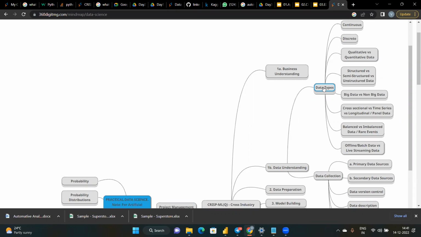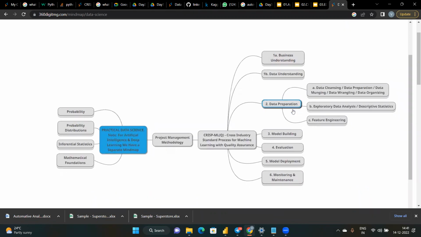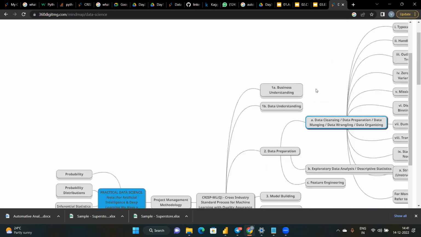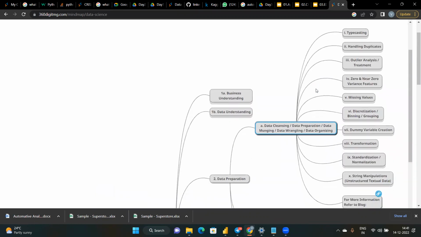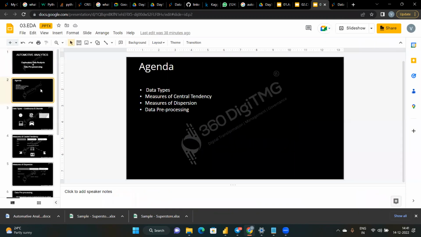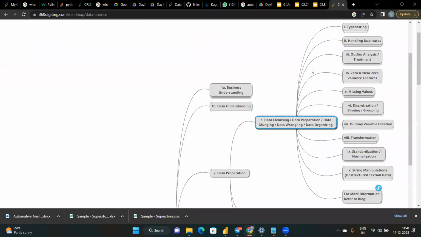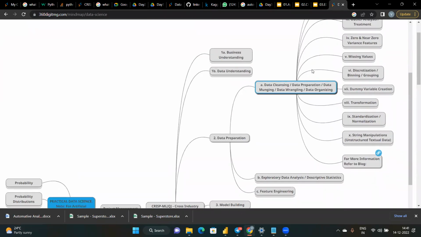After that, we are going to go for data preparation. Yesterday we saw what type of data cleansing and data preparation, right? So guys, in day three, what we are going to see is exploratory data analysis, okay, and data pre-processing. We are going to learn about exploratory data analysis as well as machine learning types.